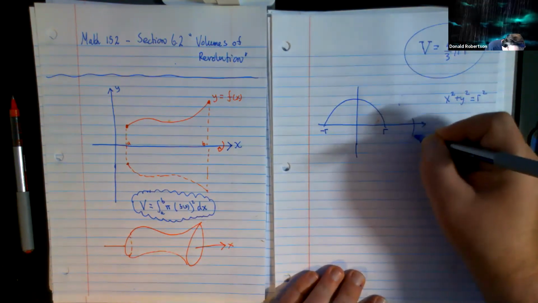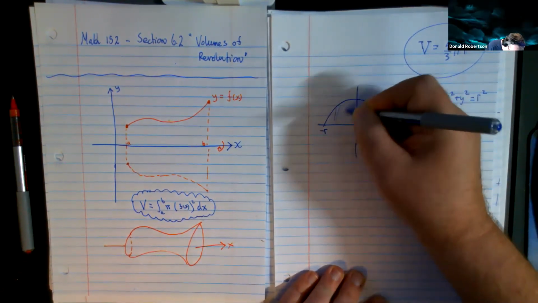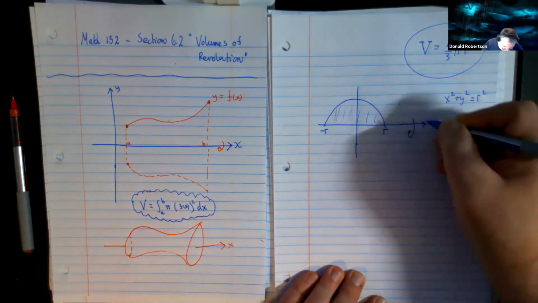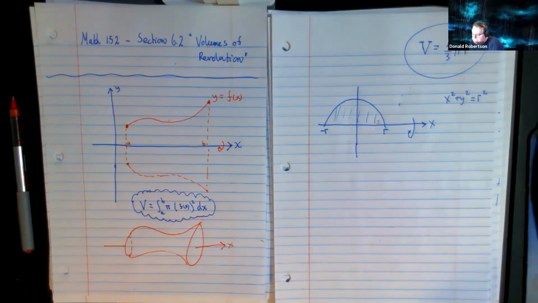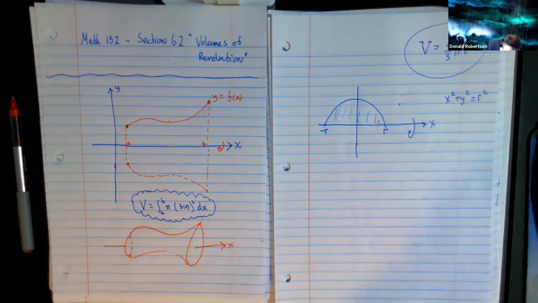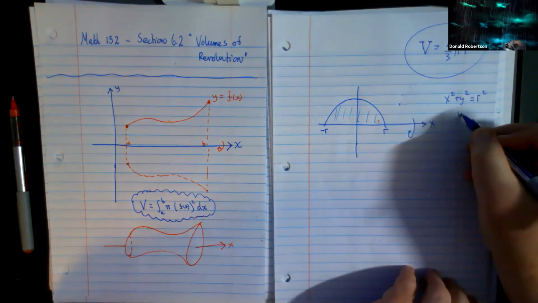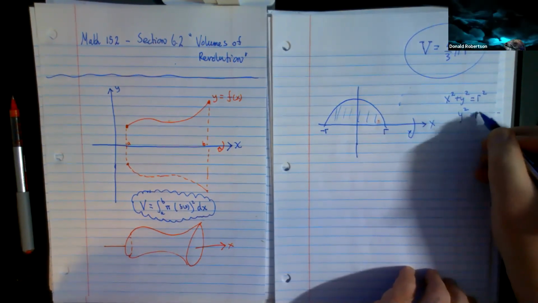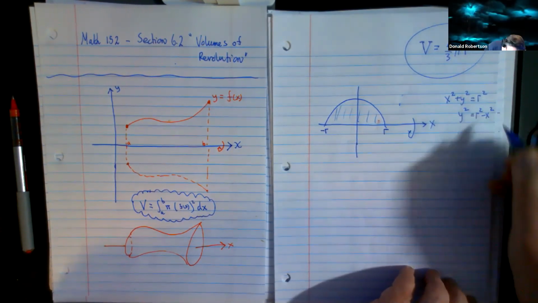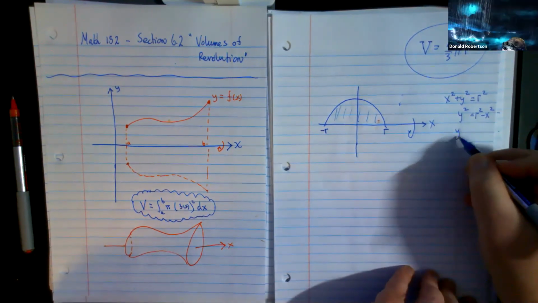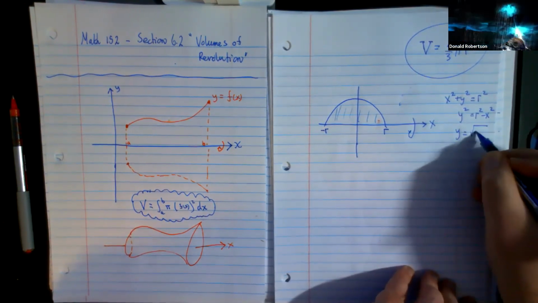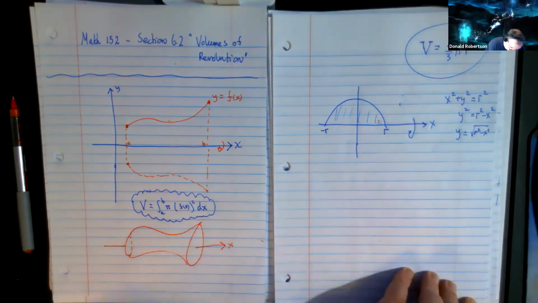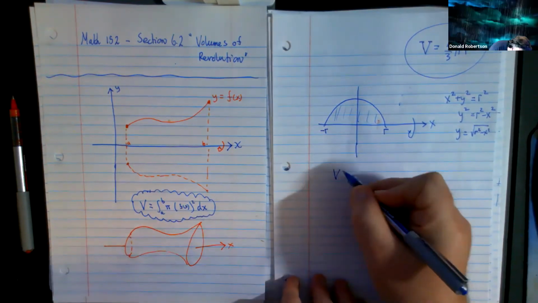Now, if you take this and you rotate it about the x-axis, don't you make a sphere? Right? Half a circle, x-axis, full sphere. If you rearrange this, you get that. And y then is the square root of this. So we know the volume.